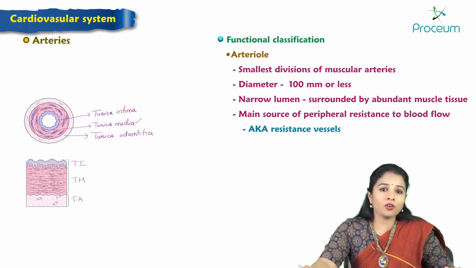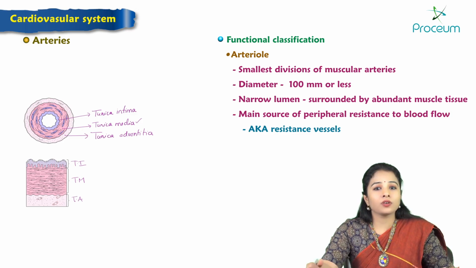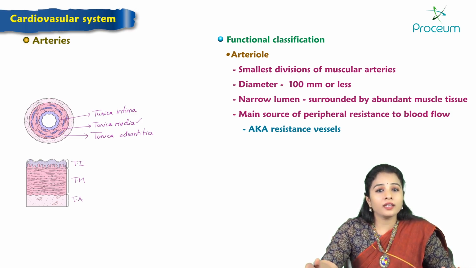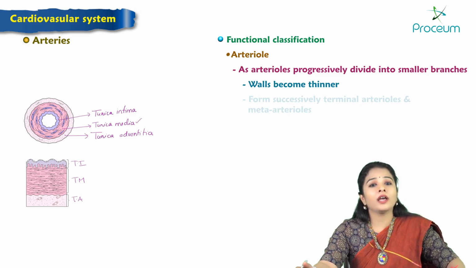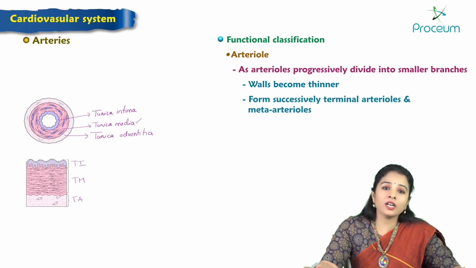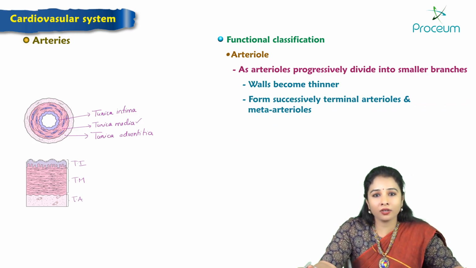That is the reason they are called resistance blood vessels. Hence they play an important role in regulating the diastolic blood pressure. As the arterioles progressively divide into smaller branches, their walls become thinner and form successively terminal arterioles and meta-arterioles.